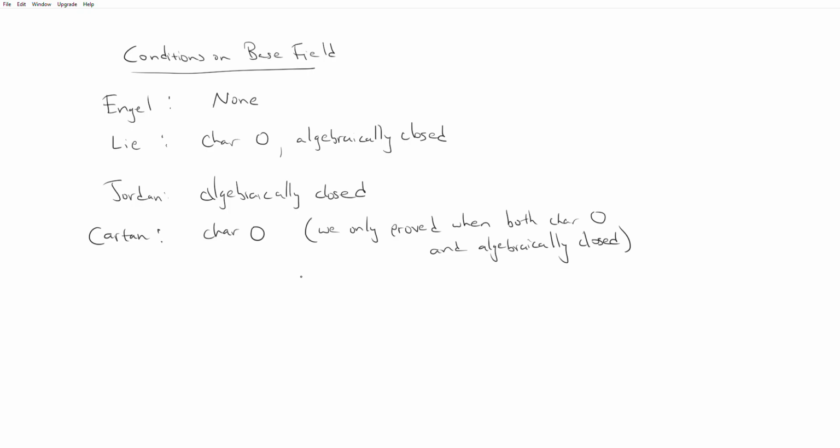And so that's the summary here. Because we needed Cartan's criterion to prove our structure theorem, our decomposition here, we require characteristic 0. I hope that clarifies any potential misconceptions regarding the conditions on the base field.